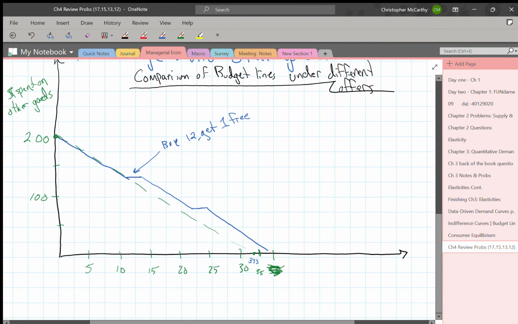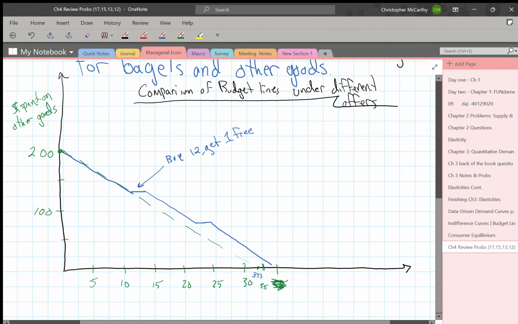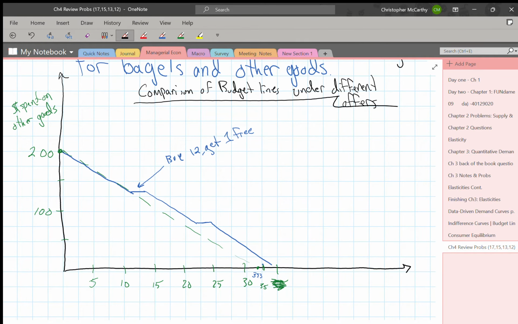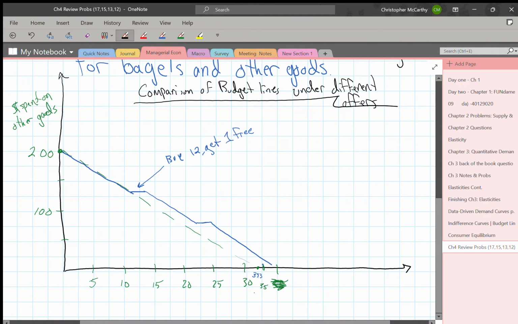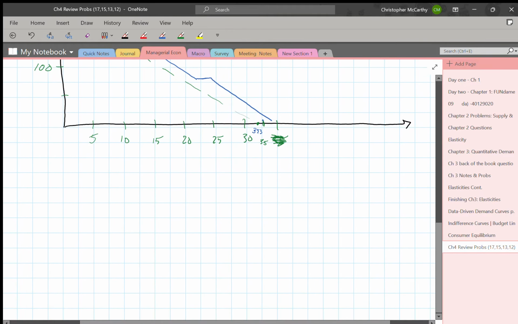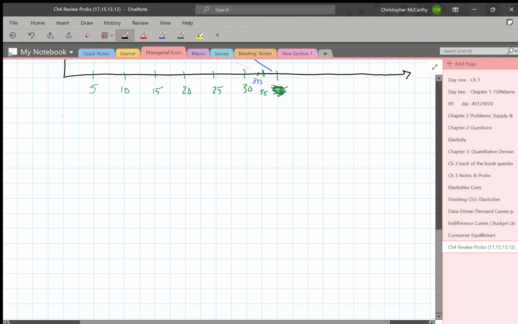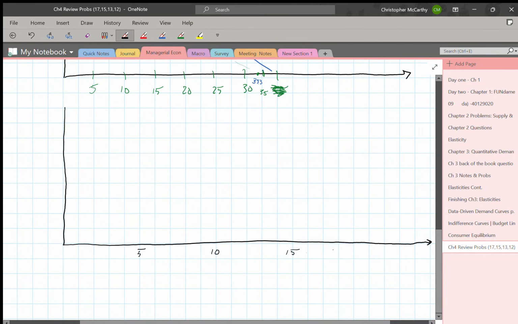Now that we know what we're doing, it's probably not a bad idea. So let's redo it from the beginning, and we'll do it with actual ones on the bottom since we have enough room. One, two, three, four, 5.